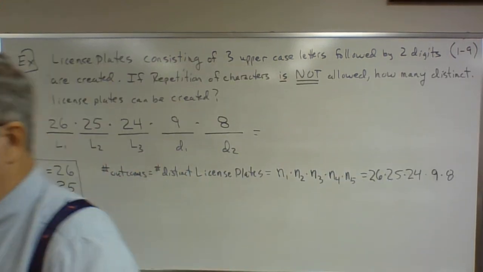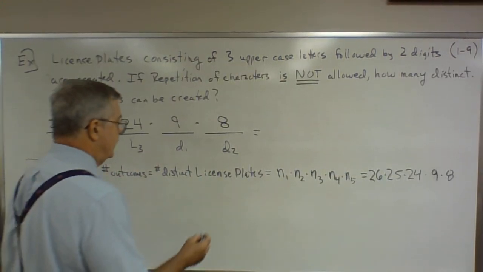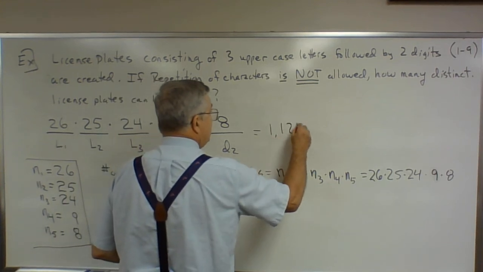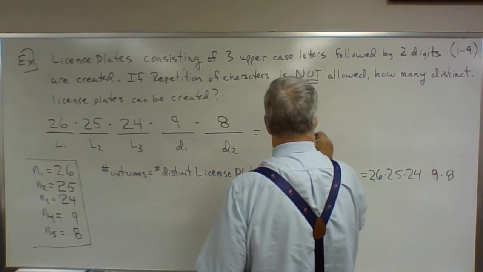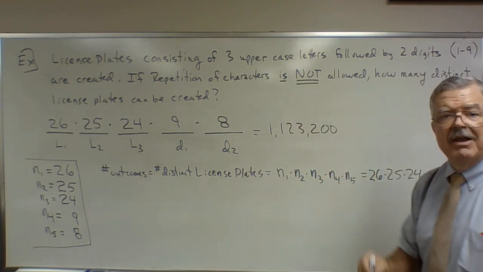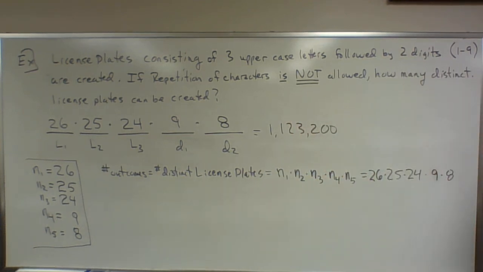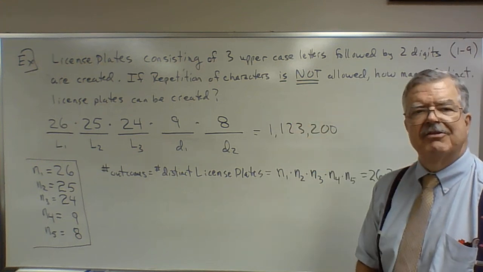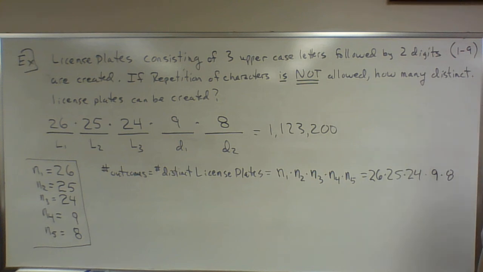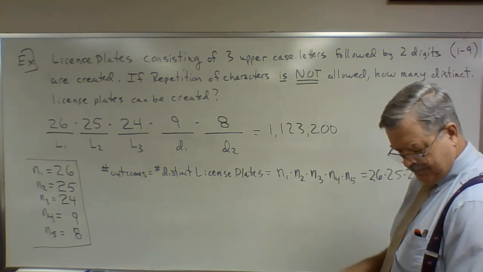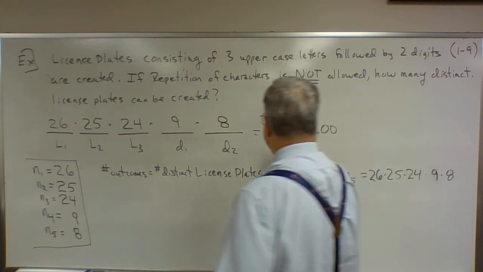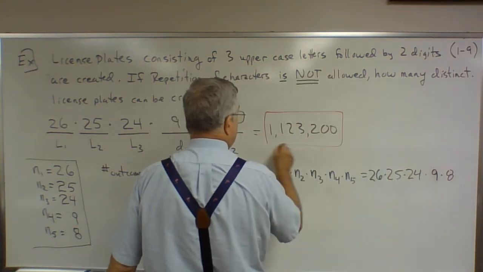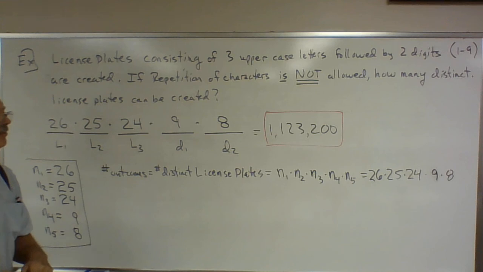And I cranked this one out ahead of time. 1,123,200. Try that yourselves to make sure you get the same result. But it looks like by allowing repetition in the first case, we got about 300,000 extra license plates. Number of distinct license plates, 1,123,200.